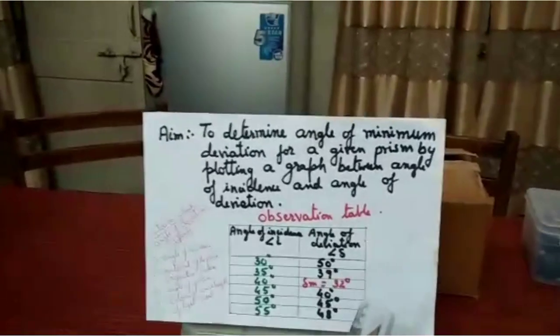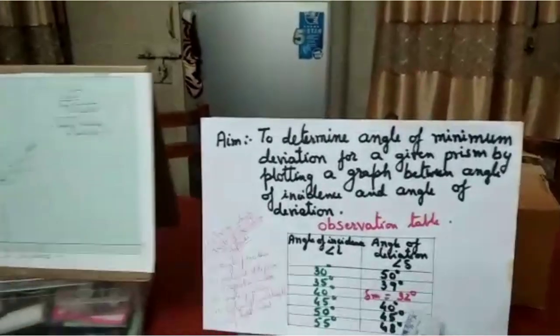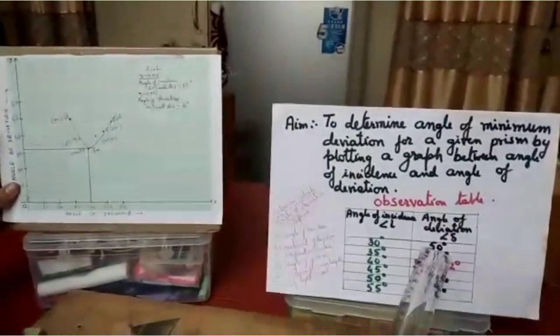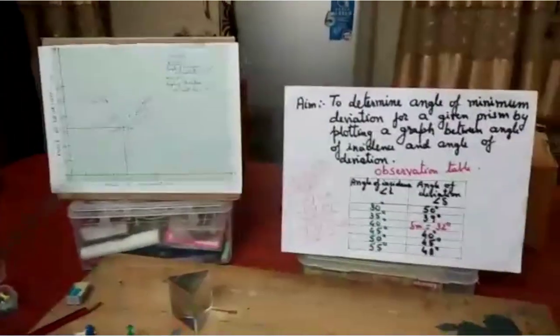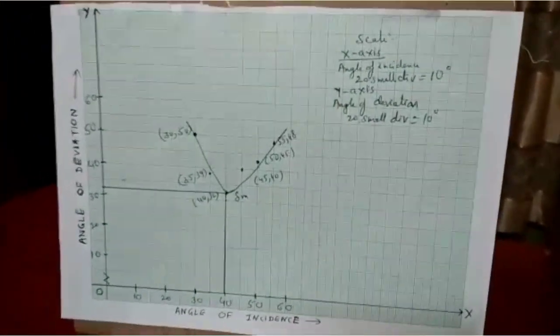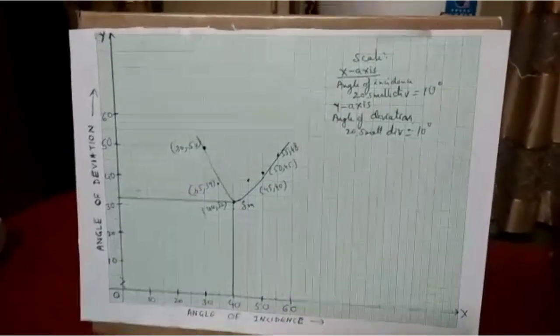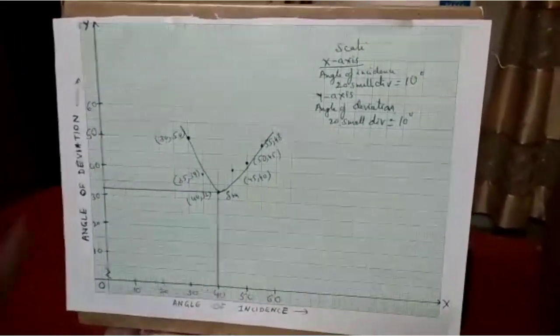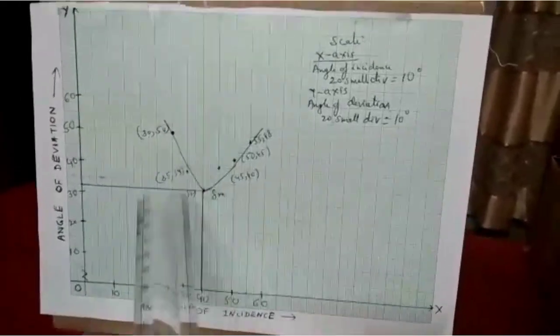So now if I plot a graph of this, I versus delta, then I get this. I, the angle of incidence, and this is the angle of deviation. You have to plot the graph, this is your aim. Now this is I versus delta. This is the minimum deviation. A freehand curve you have to draw.